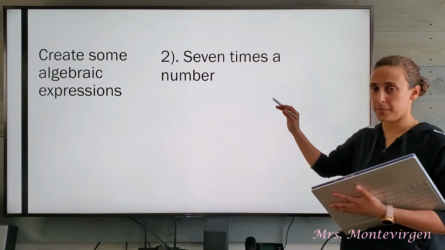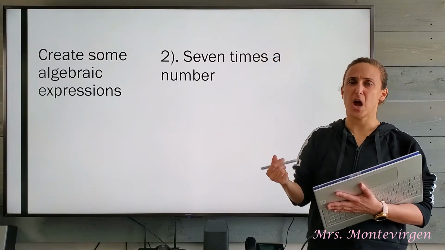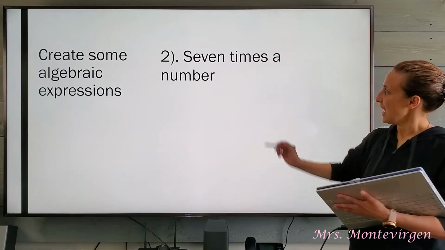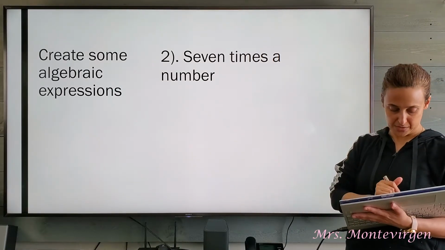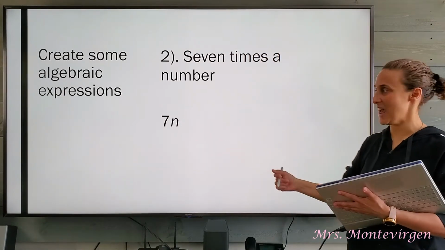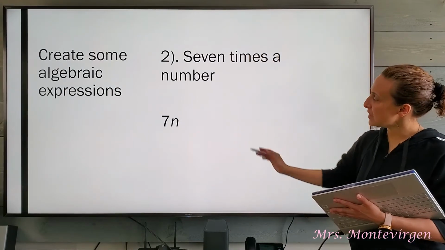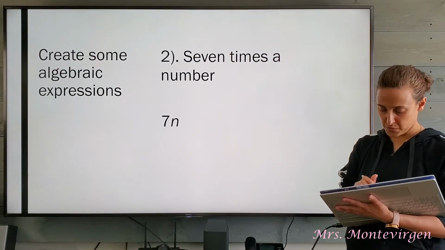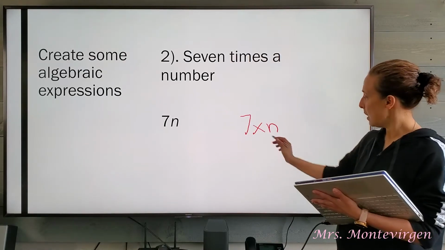7 times a number. So again, think about what operation. I have times here, so now I know it's multiplication. And now I'm thinking 7 times whatever that number is. And here is my answer. 7 times a number, 7n. That n standing for a number, and 7 is right up here. Now some people will also take those expressions and write it like this.